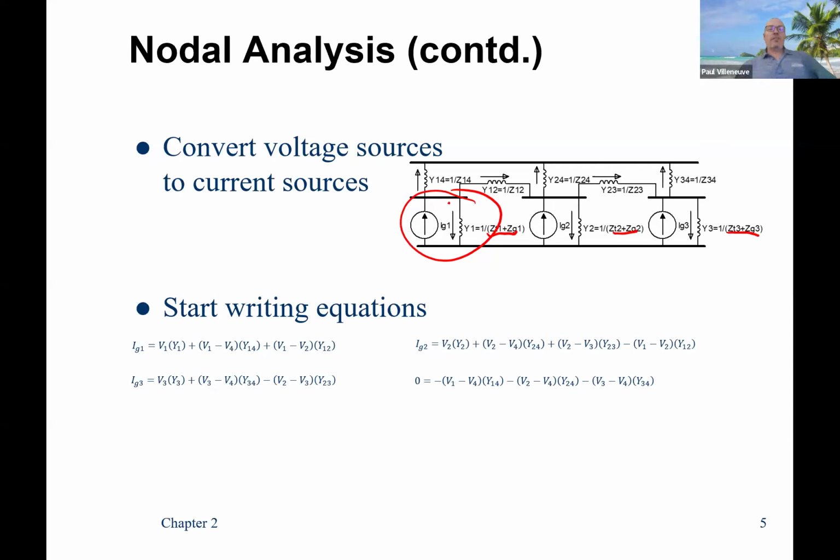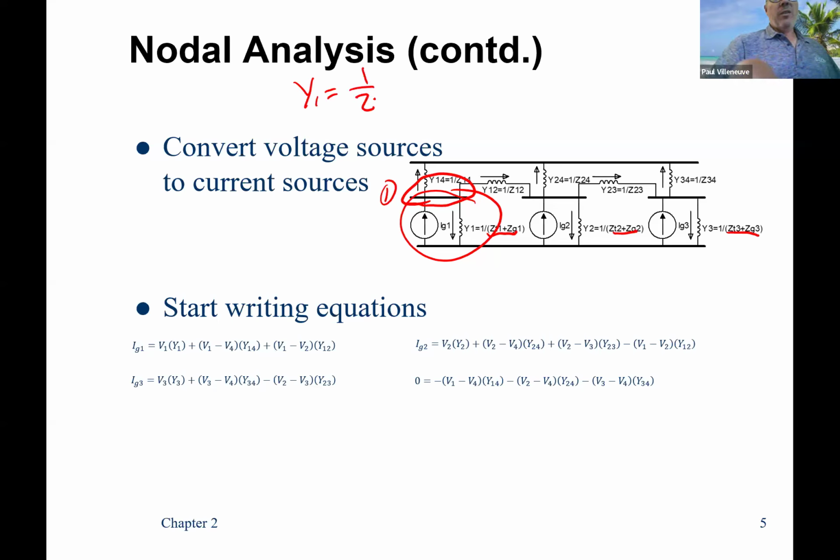So for this node right here, or this bus, which is bus 1, all the current going in, IG1, equals the sum of the currents out. And be very careful. You'll notice it's V1 times Y1, not divided by Y1. It's multiplied by Y1 because Y1 is the inverse of impedance.